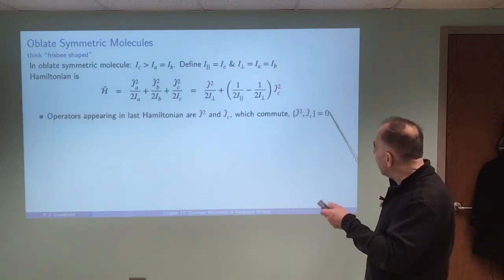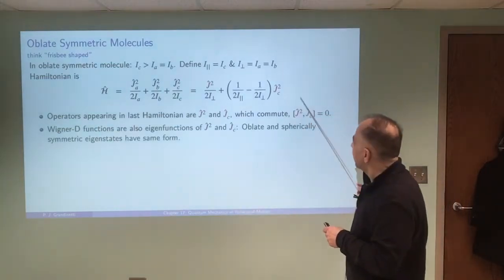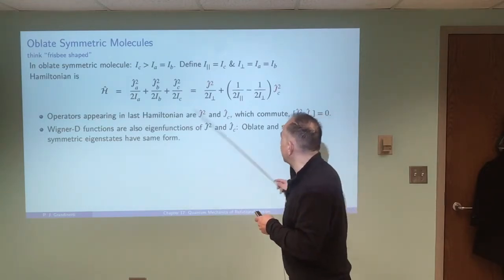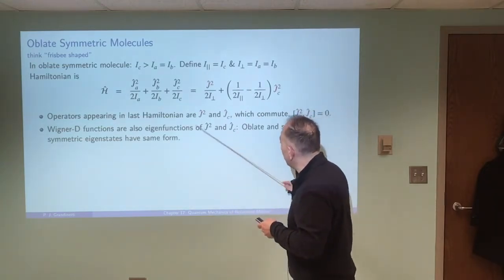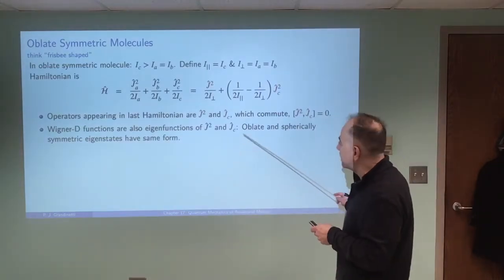We know that the angular momentum squared and one component will commute, so the eigenstates of this Hamiltonian will be the eigenstates of J squared and JC, which have the same eigenstates.